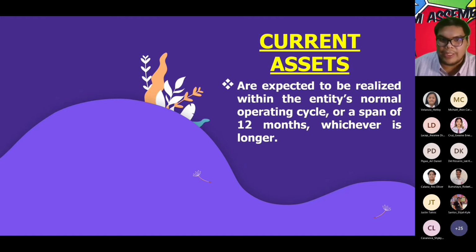Take wines, for example: they can't be recovered within one year. Sometimes it is 5 years, 12 years, or even 18 years. But for the sake of FABM1, we will stick to 12 months, whichever is longer.